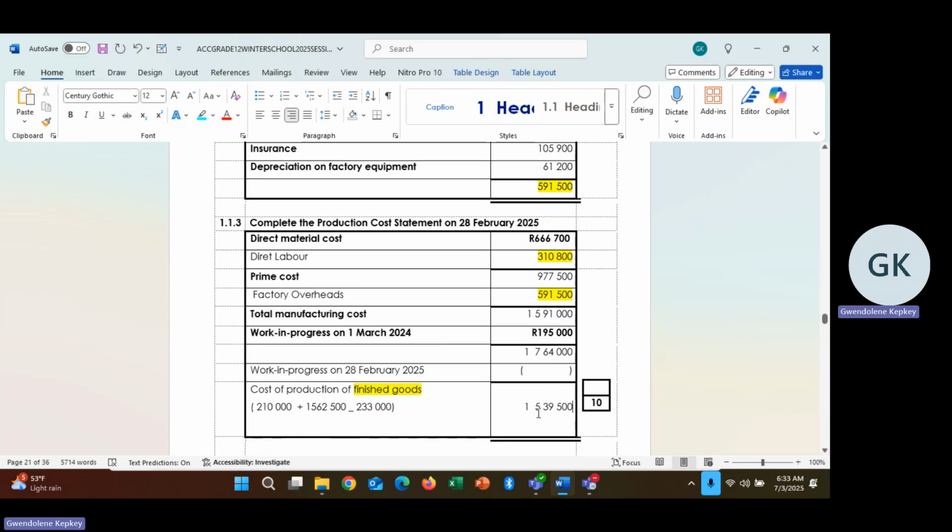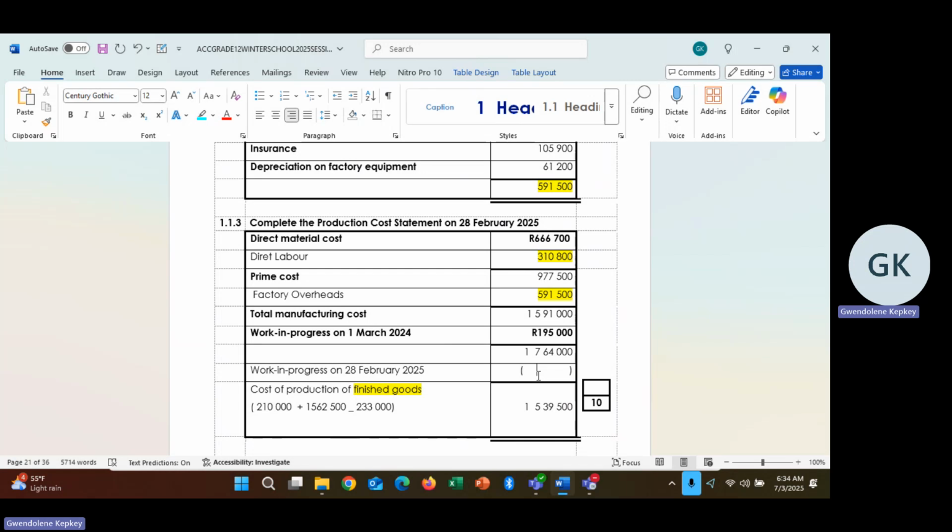Okay, now we're going to work bottom up. If we work bottom up, this figure changes signs. But because this is a missing figure over there, we're simply going to take my cost of finished goods and deduct it from this rand value over here that has no detail in my statement. I've already put my brackets in there for my work in progress at the end.